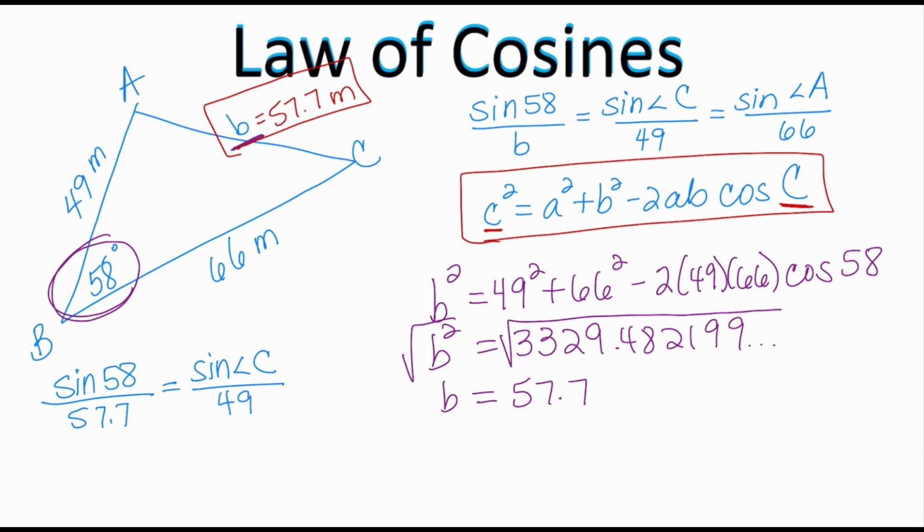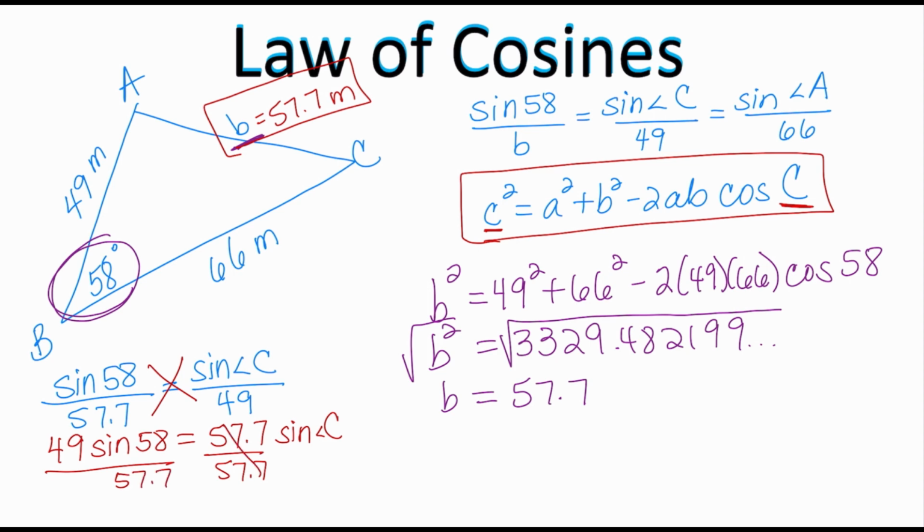So you cross multiply, you get 49 times the sine of 58 equals 57.7 times the sine of angle C. I divide both sides by 57.7. I put this into my calculator, 49 times the sine of 58.